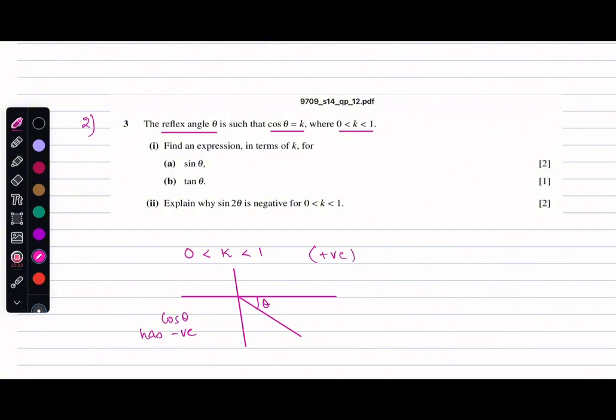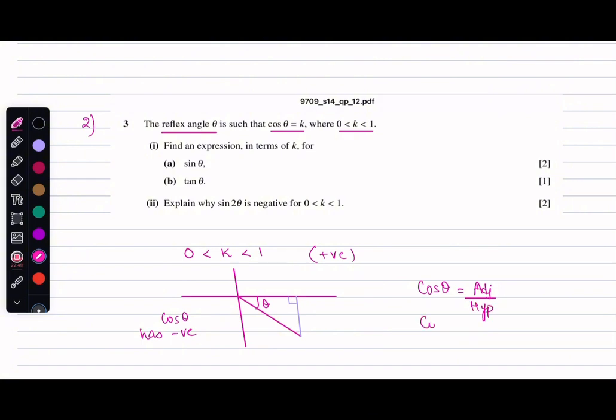So if this is the theta value, again I will be making use of the right angle triangle. I have the right angle triangle here, and we know that cos of theta equals base, or adjacent, over hypotenuse.